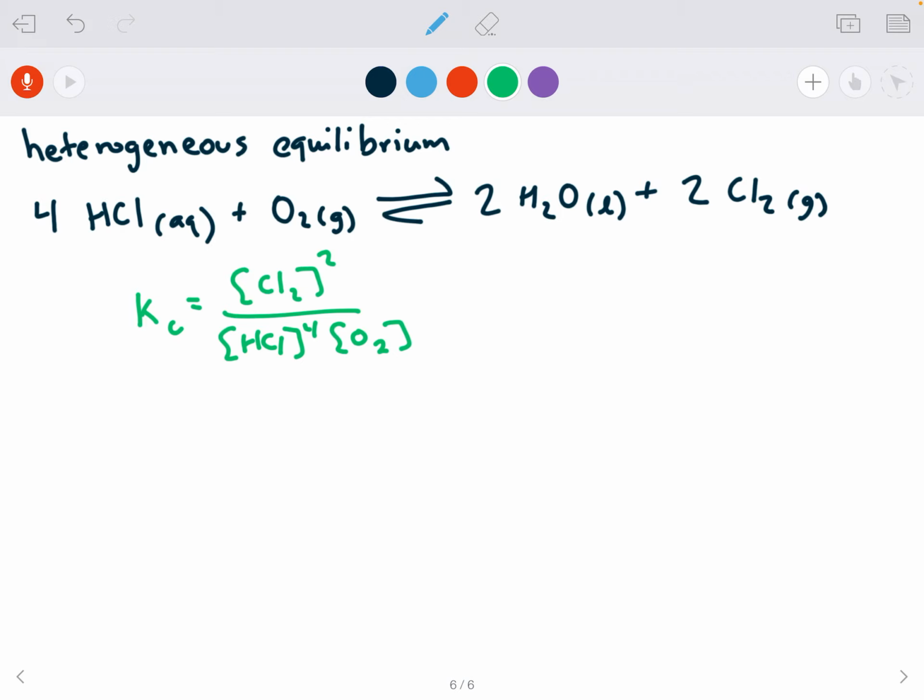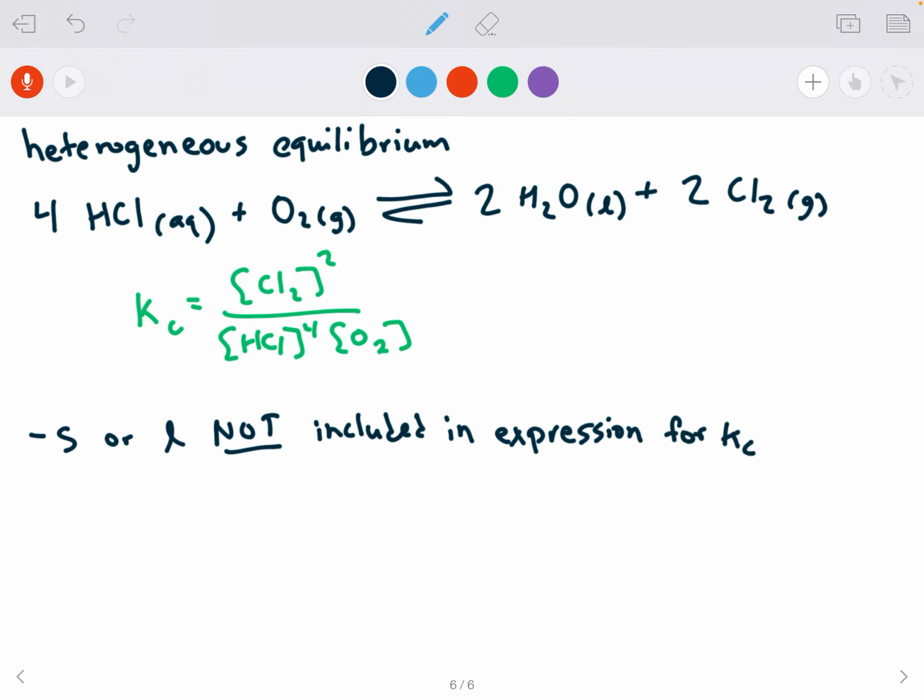Notice, you're probably saying, I forgot the water. Anything that's a liquid or a solid in an equilibrium reaction does not get included in the expression for Kc or Kp. So I'll write that down here: solid or liquid not included in expression for Kc or Kp.